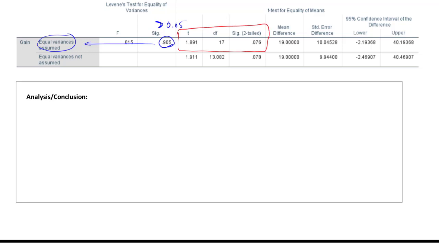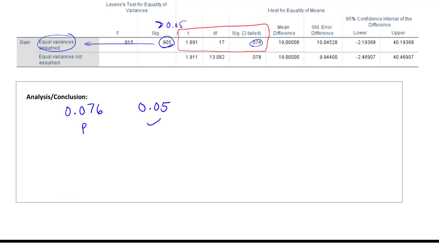As we can see, there's our p-value. Remember, h0 was mu1 equals mu2, and so this is a two-tailed test. So we are going to use that as our p-value. 0.076 is our p-value.